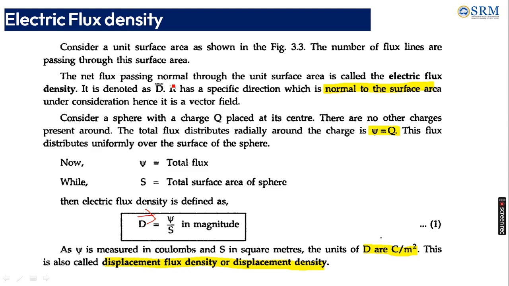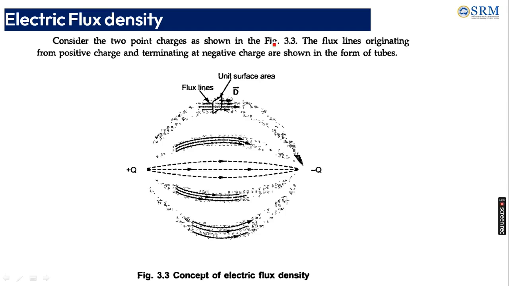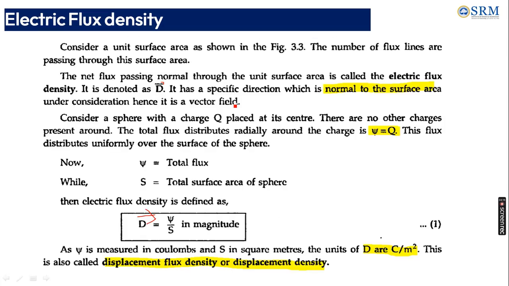Always the net flux passes normal to the unit surface, and this is denoted by the D vector, as I mentioned earlier. It has a specific direction: it is normal to the unit surface that we have considered, and it is along the flux lines.